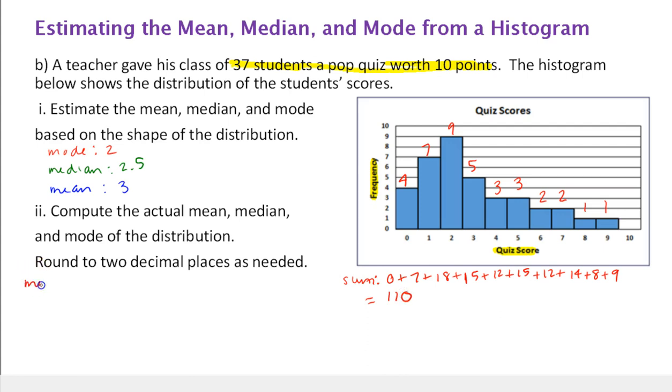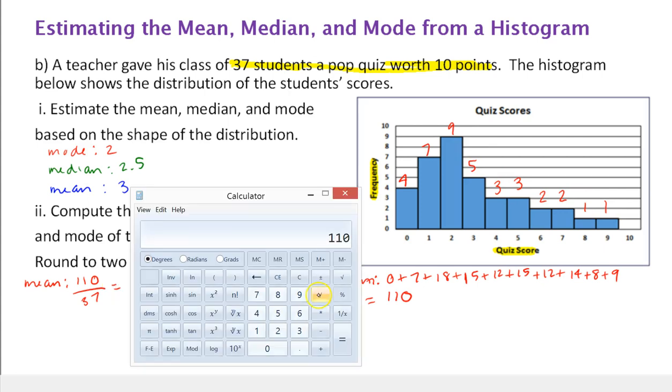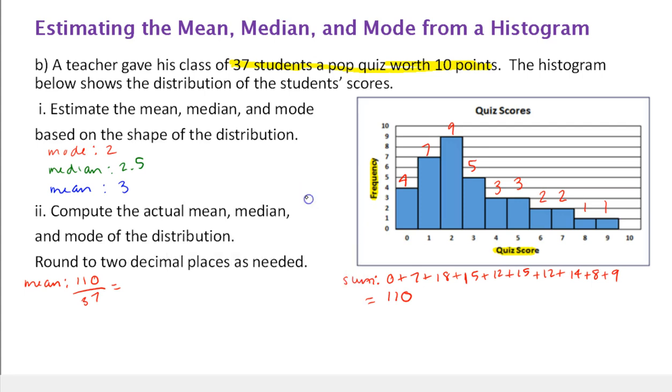So the mean will be 110 divided by the total number of scores, which would be 37. That's given. If it wasn't given, we could add up all these frequencies. And when we divide and round to 2 decimal places, we will get 2.97. And that's pretty close to our mean value. We estimated the mean to be 3.